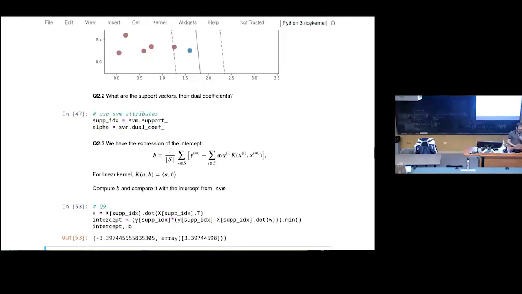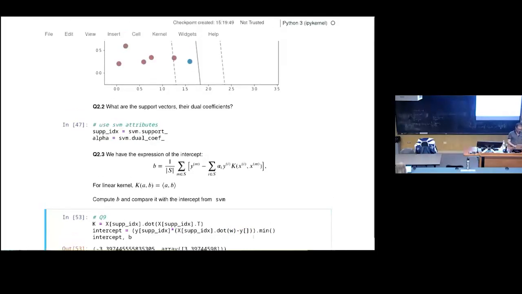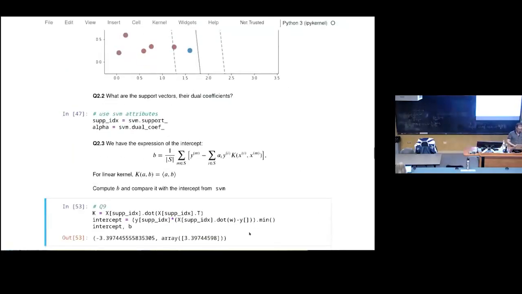Yeah, I'm missing some minus somewhere, but basically the minimum, but I'm multiplying by y. In this case, I basically have to go the other way around. y support index. And here is the max. Okay. Yeah, something is off. I'm missing some sign somewhere.